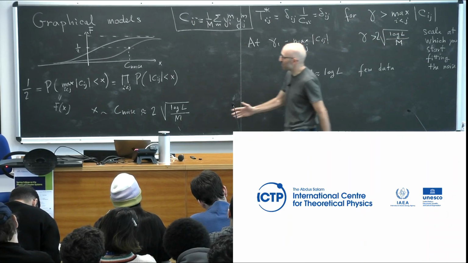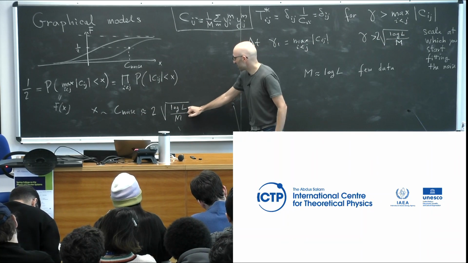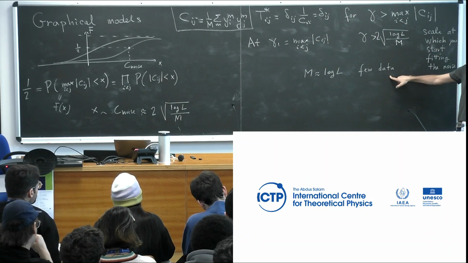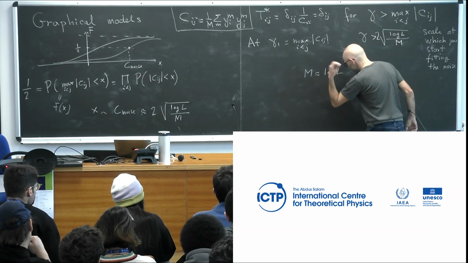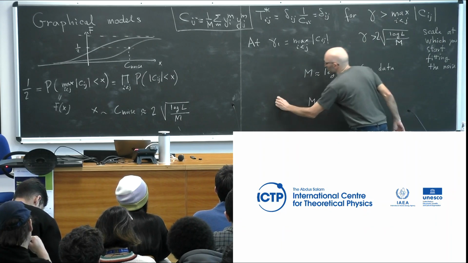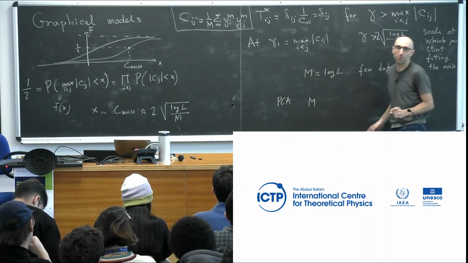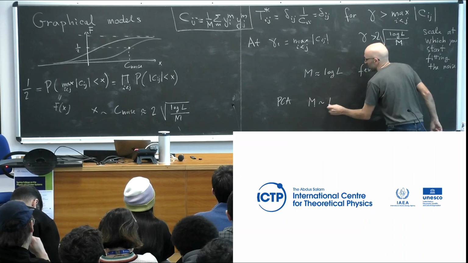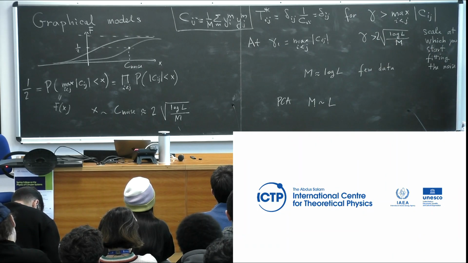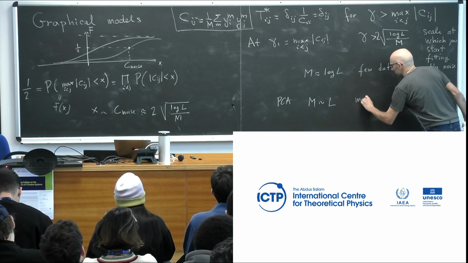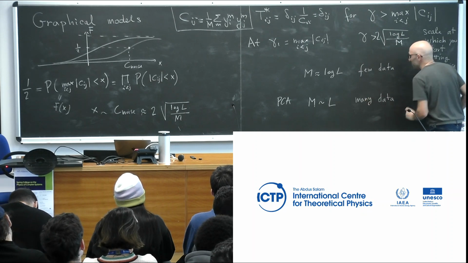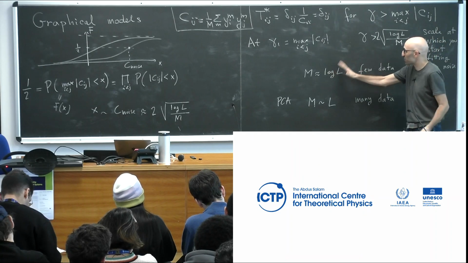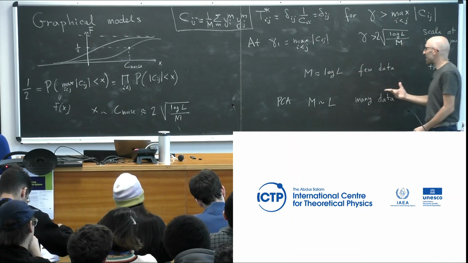So the biggest matrix element, if you have pure noise, is of the order of log L over M, which has to be compared with, as I told you last week, that in order to do PCA, in order to infer the principal components of your data, you need of the order of L data. So if L is 1,000 or 100, which is the size of a typical protein, then log L is a small number.